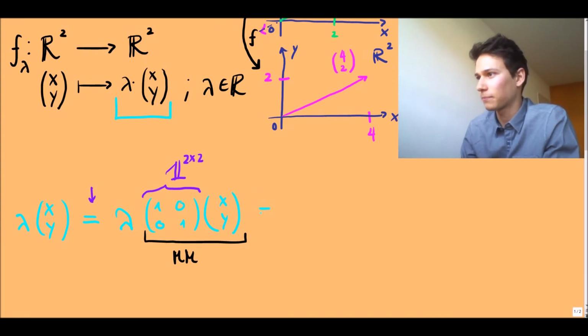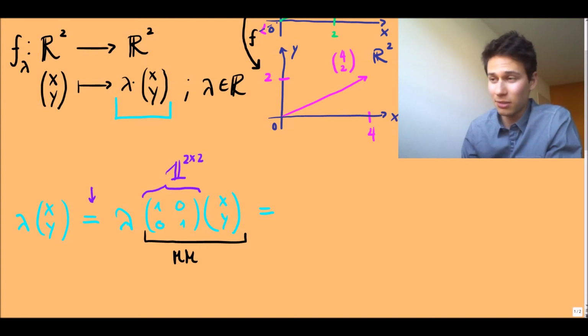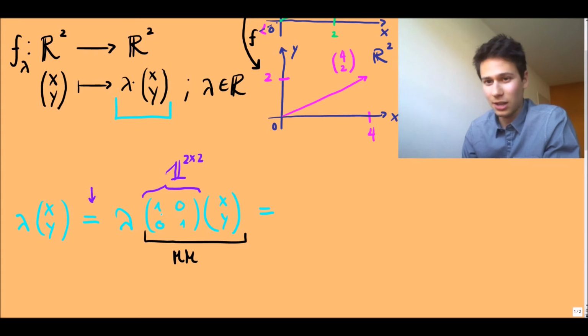Then what we can do is we can multiply the lambda with the matrix. It's basically a scalar matrix multiplication. So what we do is we multiply each entry in the matrix by this scalar.